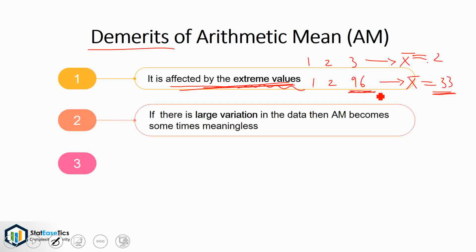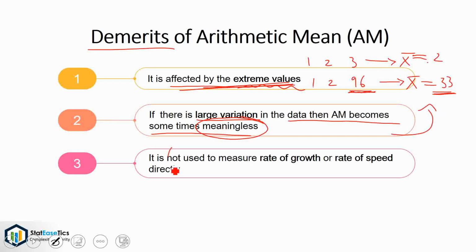Next is, if there is large variation in the data, then arithmetic mean becomes sometimes meaningless. You can see in the above example also. It is not used to measure rate of growth or rate of speed directly. So these were the demerits of arithmetic mean.